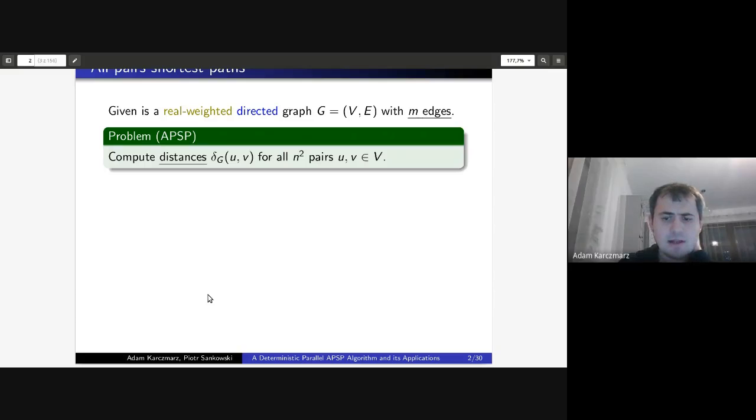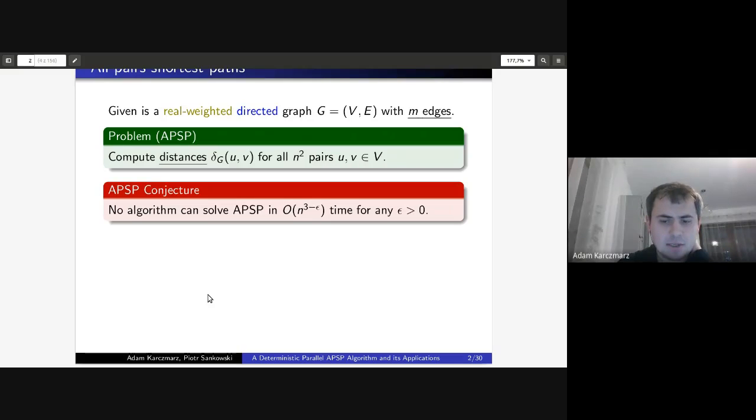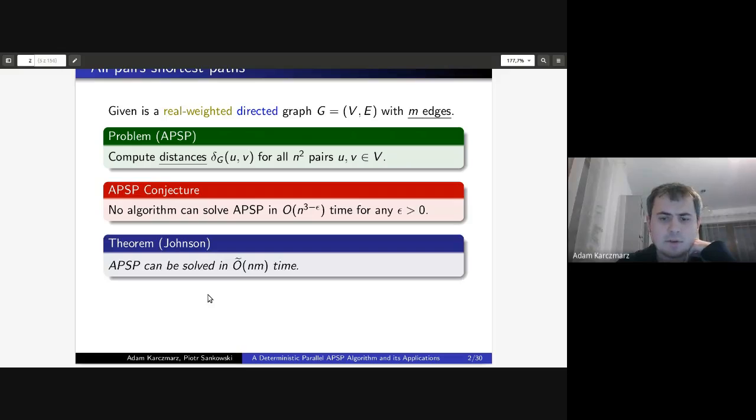This is a very well-studied and fundamental problem. It is conjectured that one cannot obtain a truly subcubic algorithm for this problem for all graph densities. However, for sparse graphs, we can get quite close to the optimal quadratic bound. Namely, we can get roughly nm time.